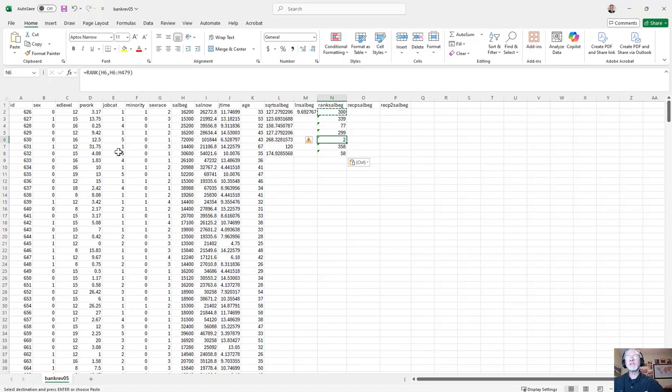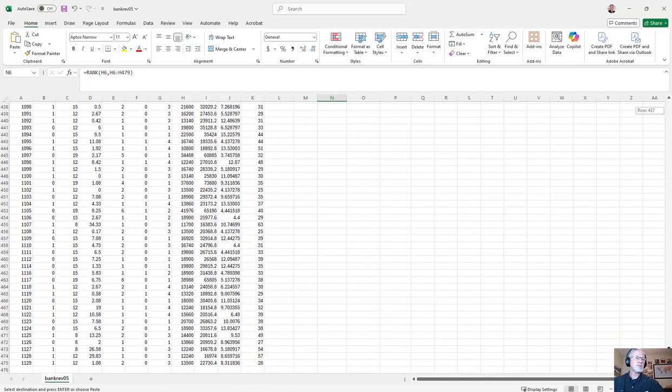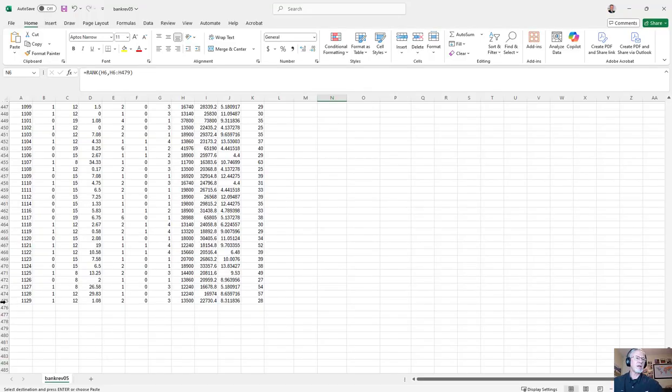There are 475 people in the data set. If you go down to the bottom, you notice that we have actually 474. There's 474 people in the data set.